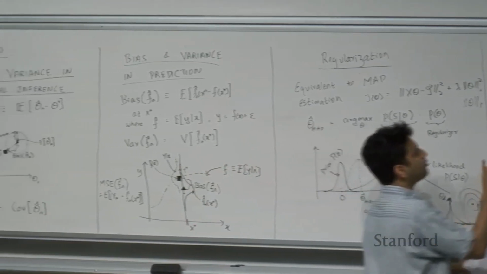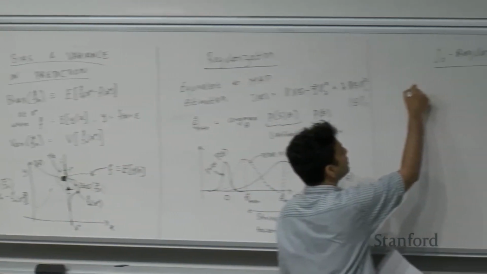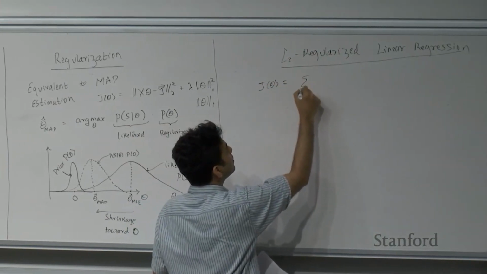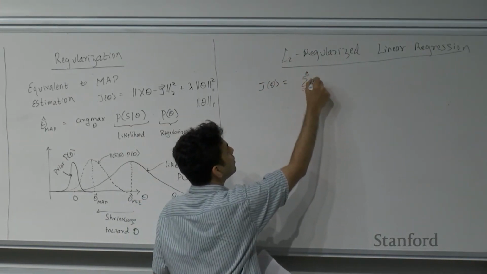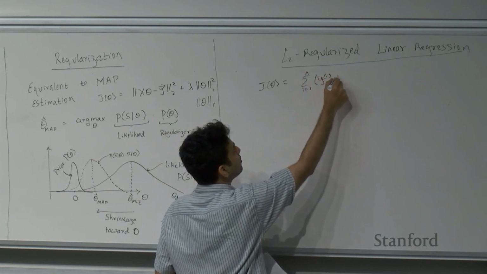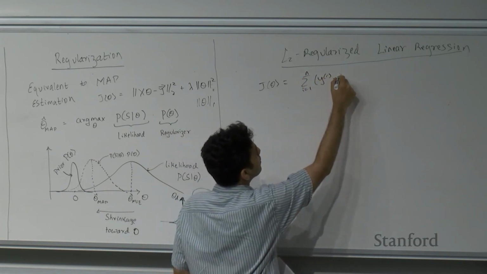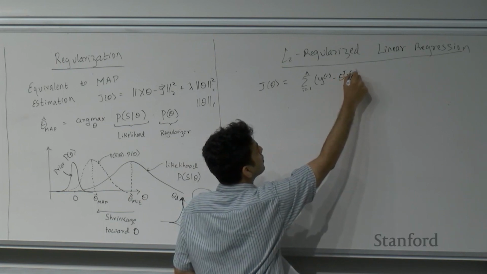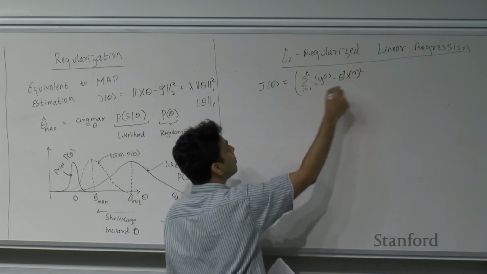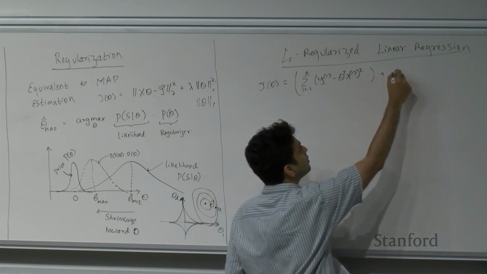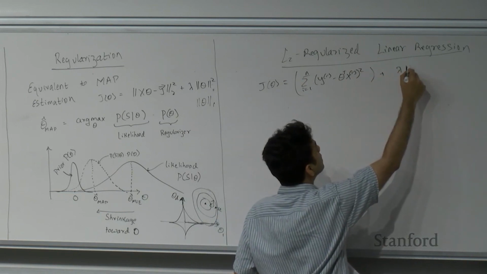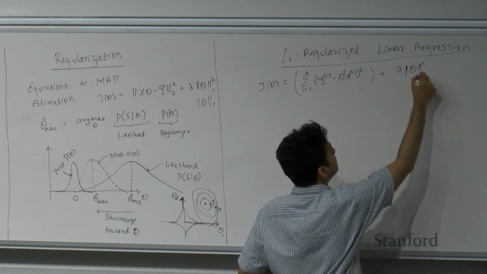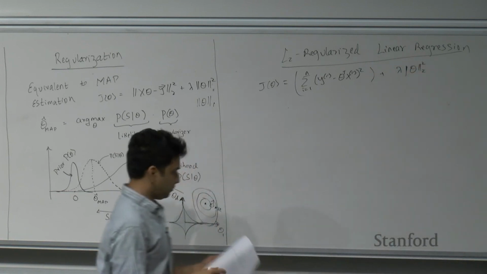Remember, L2 regularized linear regression has the cost function sum over i equals 1 to n of (y_i minus theta transpose x_i) squared, plus lambda times theta squared.